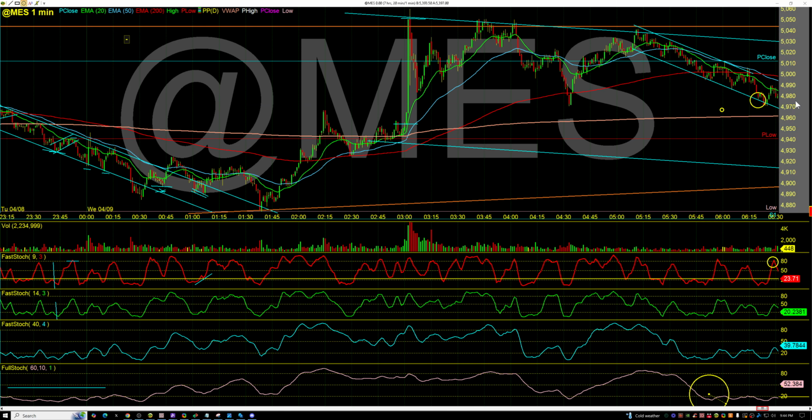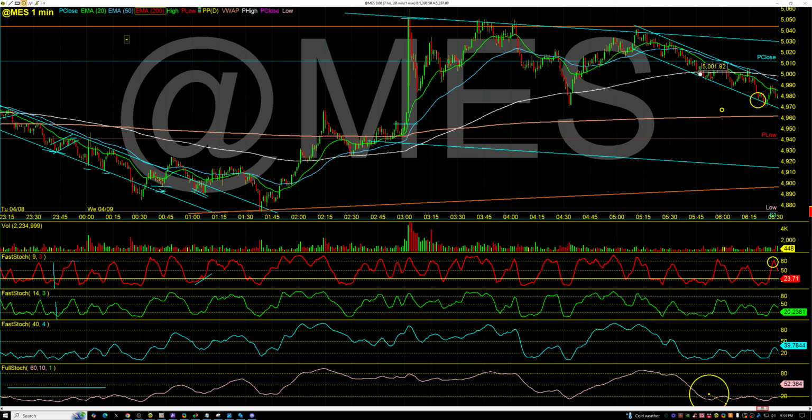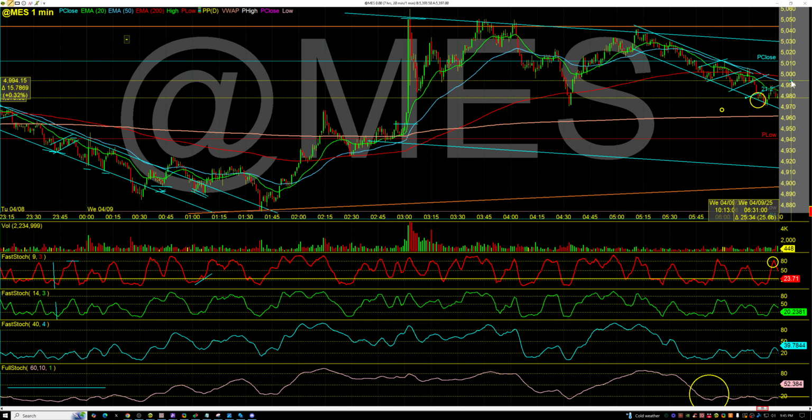The 60-10 is under 20. That trend is really going to be, every time it gets over 80, it's going to be a bear flag. And that's what we've been seeing here. So these are easy things to read. You start reading the market like this, and it becomes no fear, and now you know what you're waiting for.